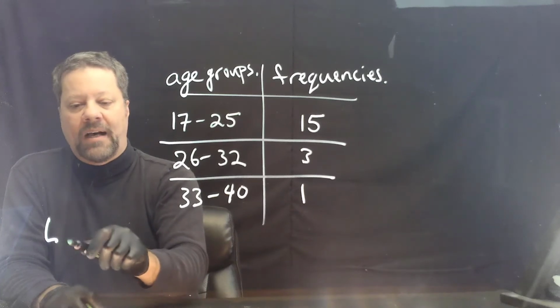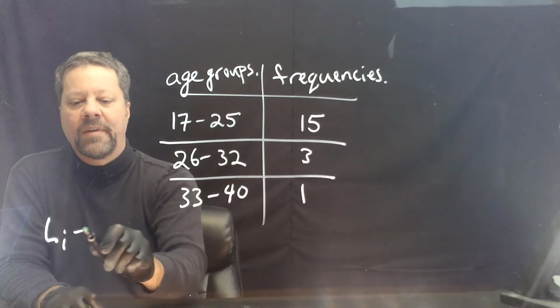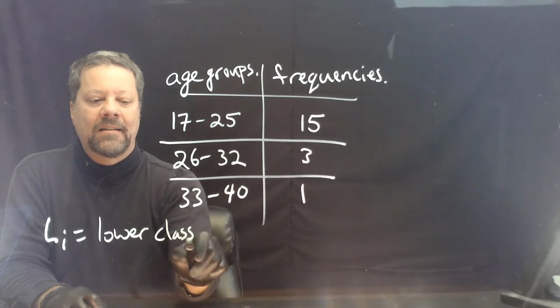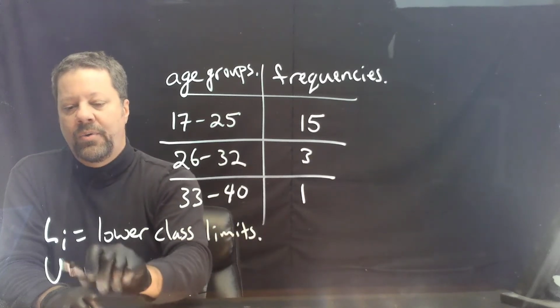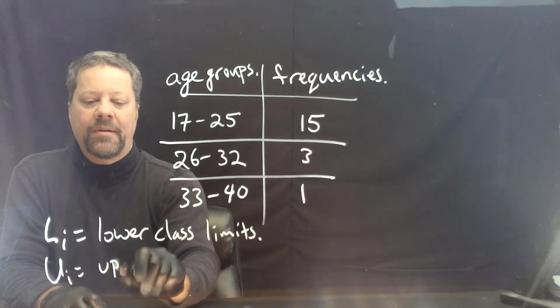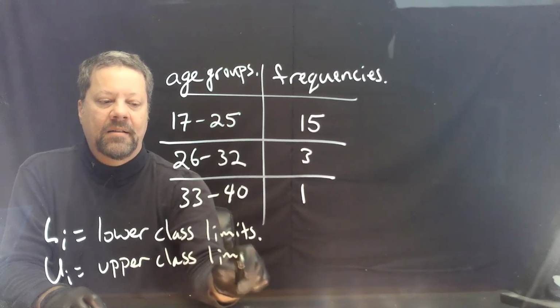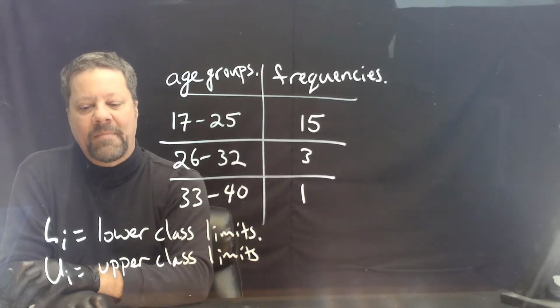L sub i, so this is L sub 1, L sub 2, L sub 3, these are the lower class limits. U sub i are the upper class limits. So 25, 32, and 40 are the upper class limits.